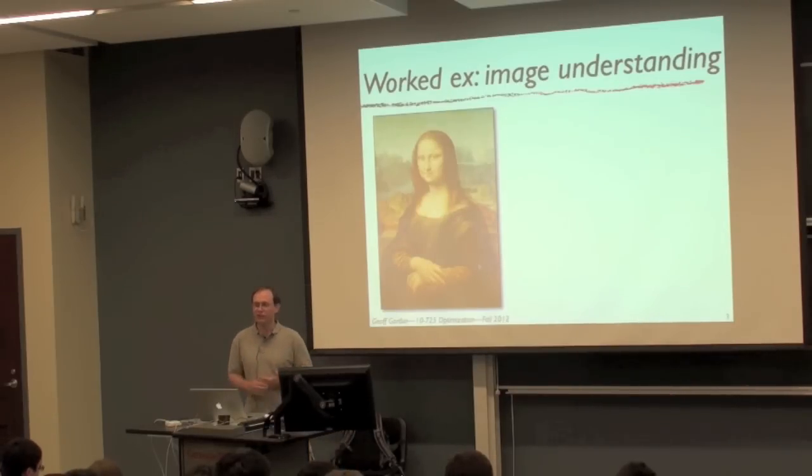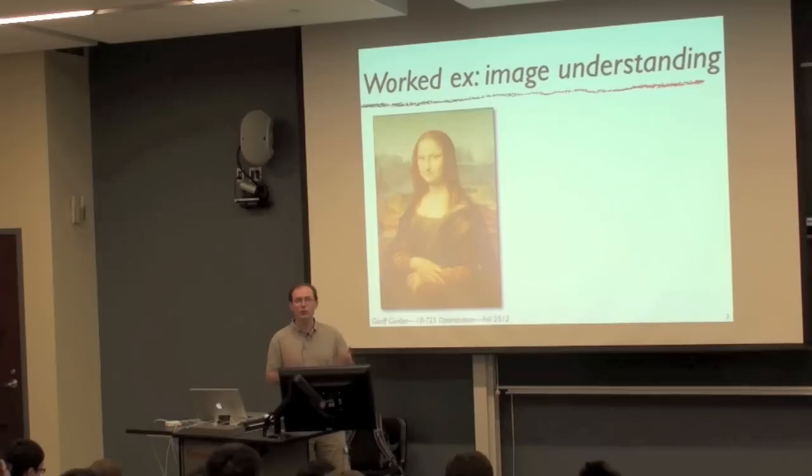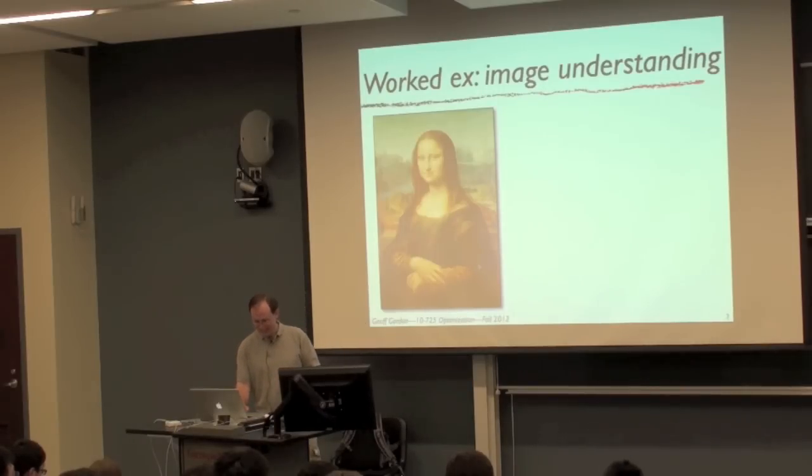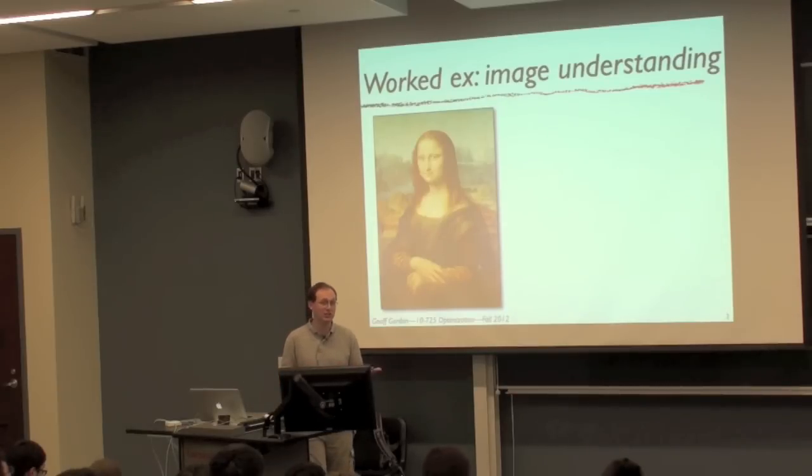Any other suggestions? Those were the three that I came up with when I was thinking about it last night, so I'm glad you guys came up with them. I would have given any ones that you didn't. So let's suppose then that we're going to fix on this 2D segmentation model, right?